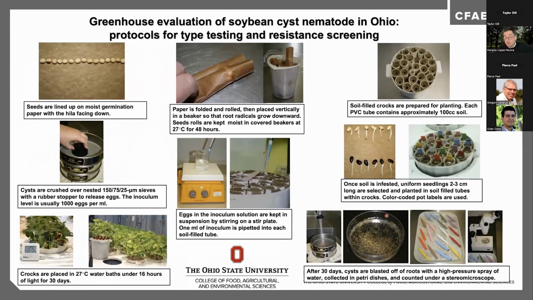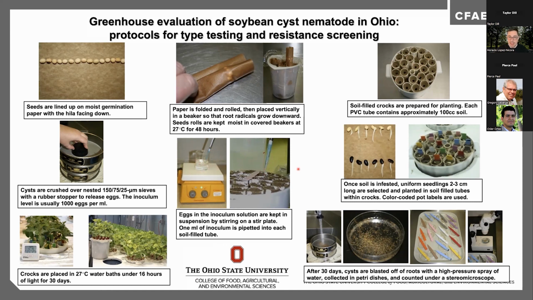We can identify these populations in the greenhouse. We can put populations of soybean cyst nematode, and we can test different lines that have different sources of resistance, or we can test different varieties. And I'm going to talk about a project that we are working on with Dr. Laura Lindsay. So what we do is, in pasteurized soil with no other organisms, we use a population of soybean cyst nematode.